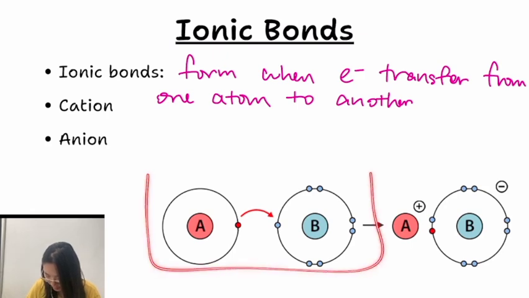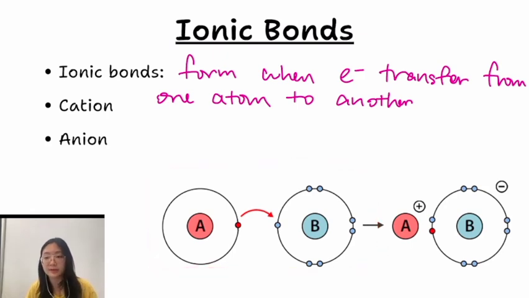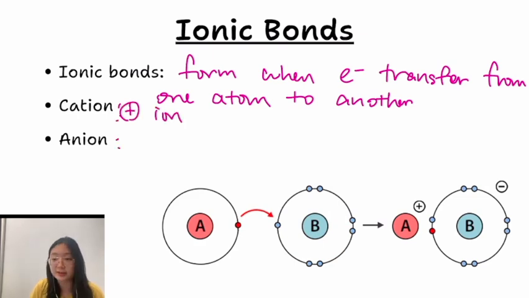Here is a diagram that shows the transfer of an electron. Let's say atom A has 1 valence electron and atom B has 7 valence electrons. If there is an electron transfer from A to B, then atom A becomes a cation, which is a positively charged ion, and atom B, by receiving an electron, becomes an anion, which is a negatively charged ion.